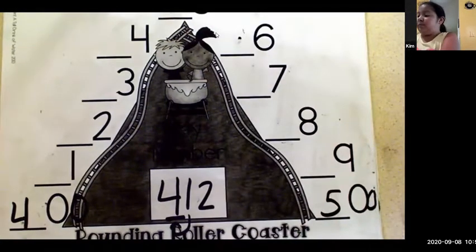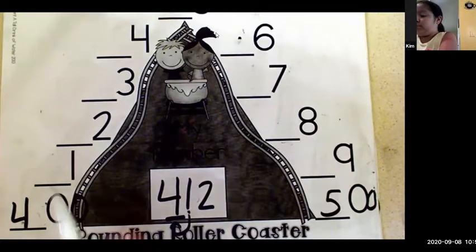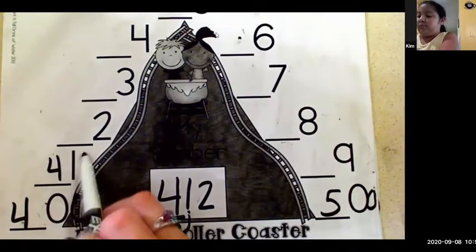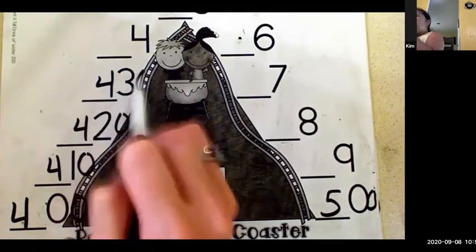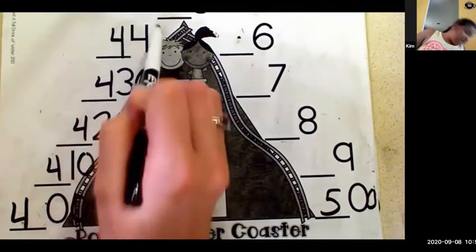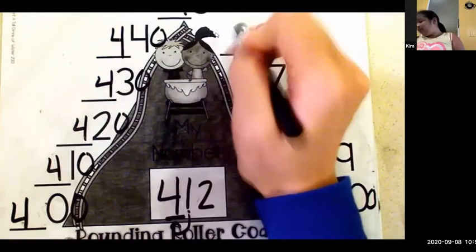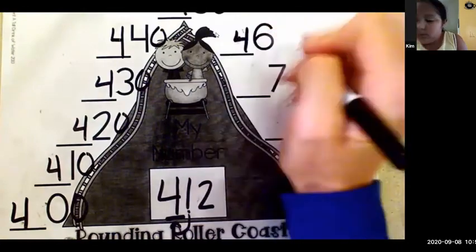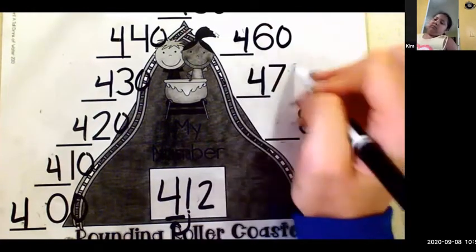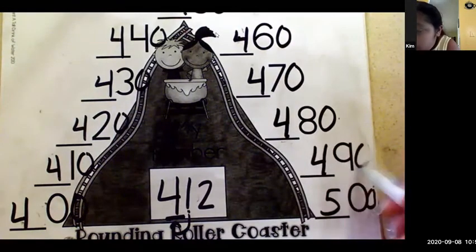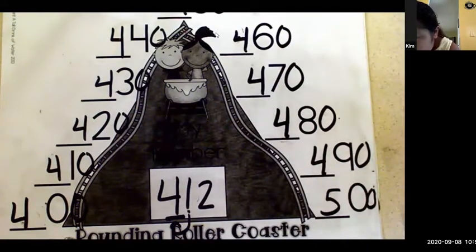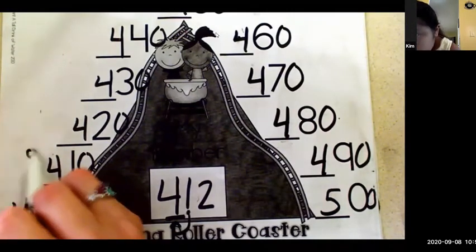412, we're starting at 400 and counting by tens because that's our lower place value. 410, 420, 430, 440, 450, 460, 470, 480, 490, and then 500. 412 has a 1 in the tens place.